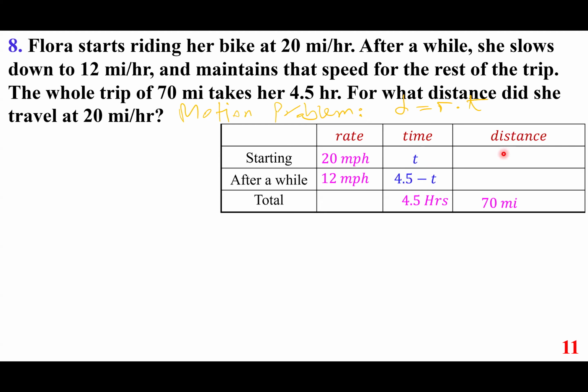D equals RT, 20 times t. What about here? 12 times 4.5 minus t. And if you add them up, you must get 70 miles. So add them up. Add these two, set it equal to 70.